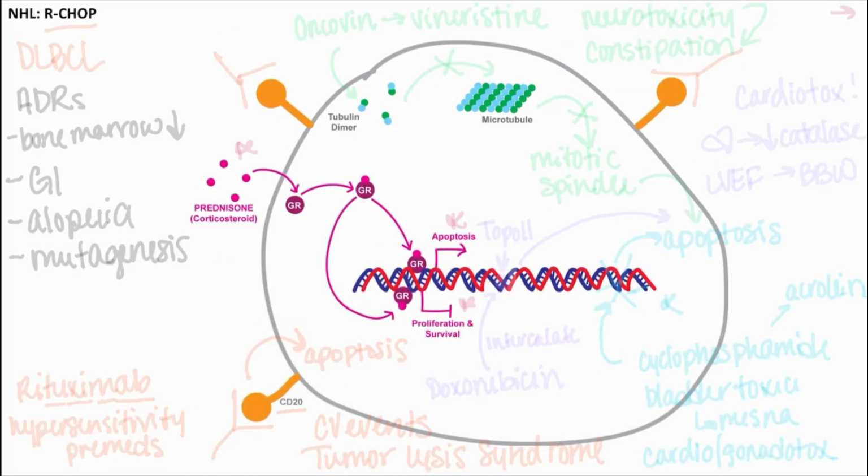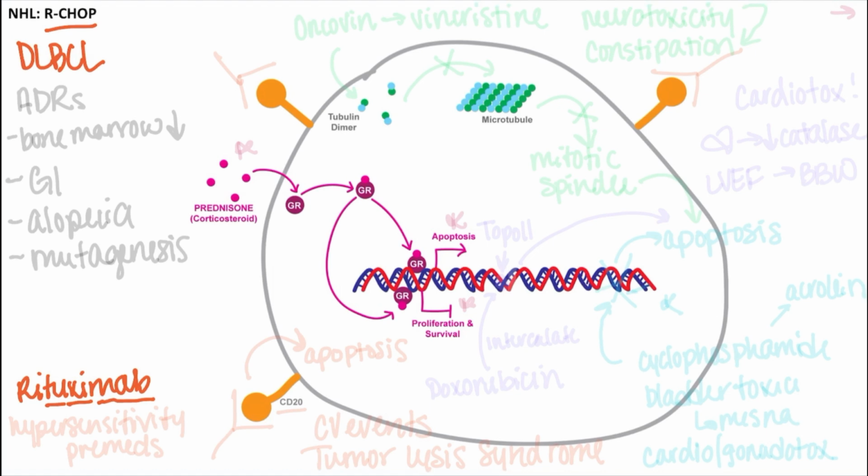Now moving on to the specifics of each agent used in the R-CHOP regimen for diffuse large B-cell lymphoma. The first agent we will talk about is rituximab, which is a chimeric monoclonal antibody. The central "tu" in the rituximab name actually stands for tumor and denotes this as a cancer-targeting monoclonal antibody. This agent is for non-Hodgkin's lymphoma of B-cell origin, and our patient has diffuse large B-cell lymphoma, which is obviously a B-cell issue.